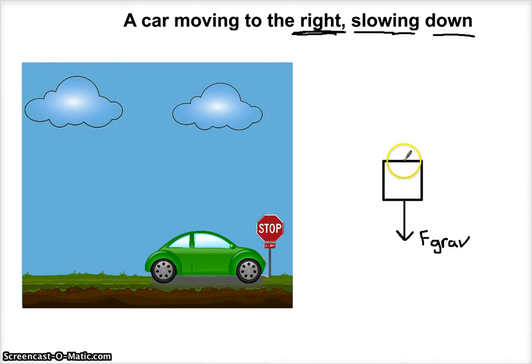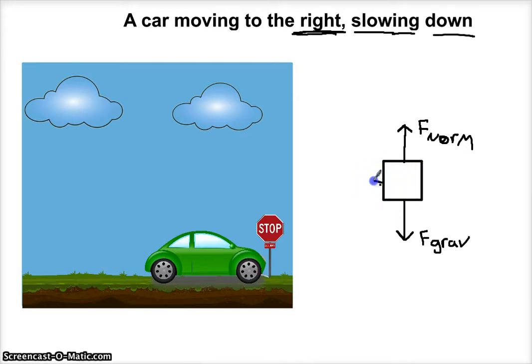So because it's on the ground and isn't flying, it's going to have a balanced force with gravity with normal. Those are going to be equal. So we have gravity and norm going up and down. Now what we have to think about is what is our left to right.